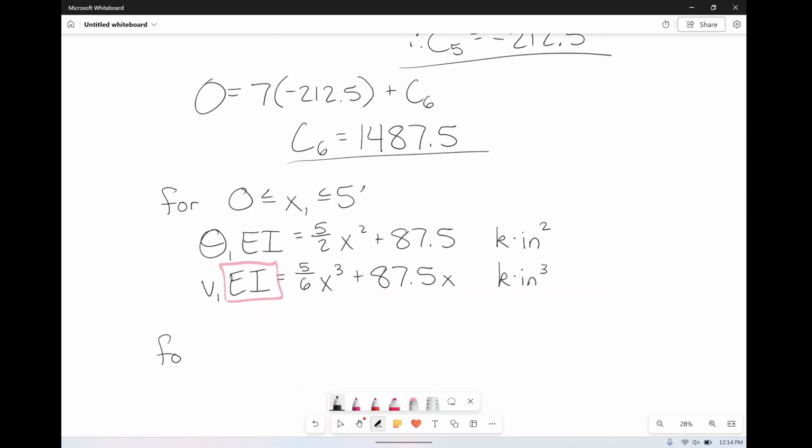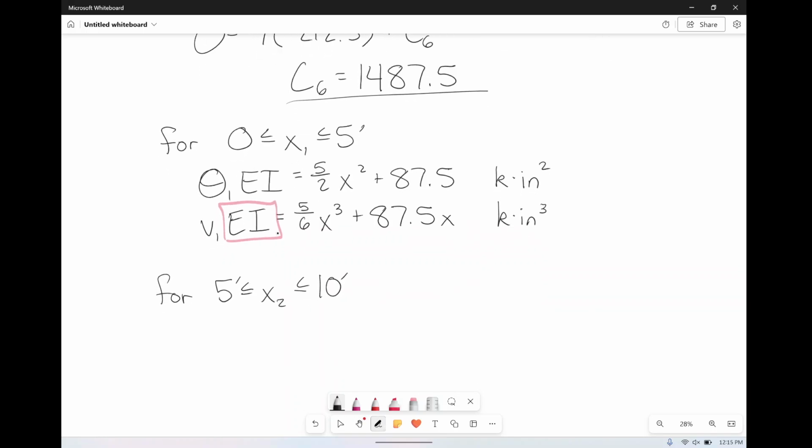Then we have our next one. It's the same x direction, but we called it x2 for the cut. My bad, it's not 0. It's from 5 feet all the way to 10 feet. Same x though. Our slope 2 equation times EI is going to be equal to minus 5 divided by 2 x squared plus 50x. This was C3. C3 we had as minus 37.5.